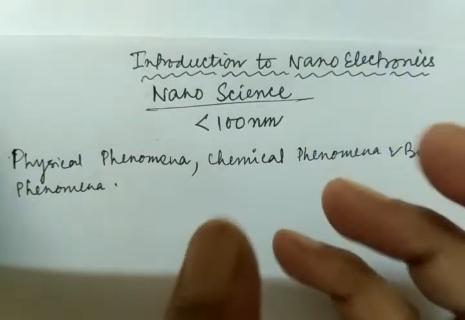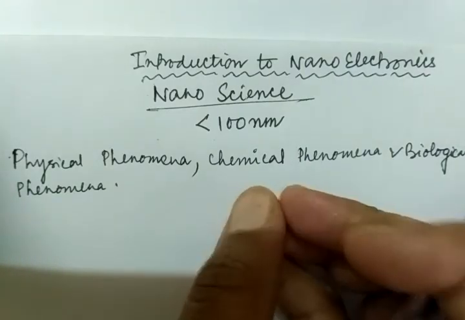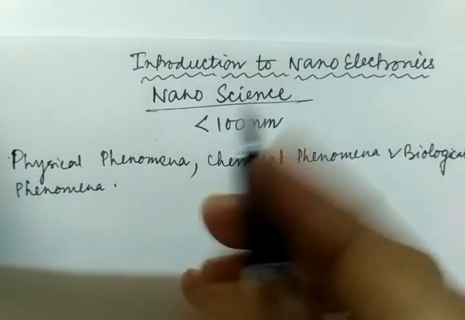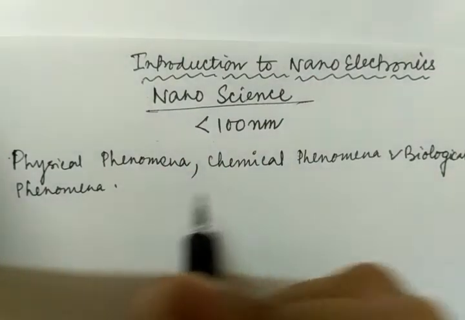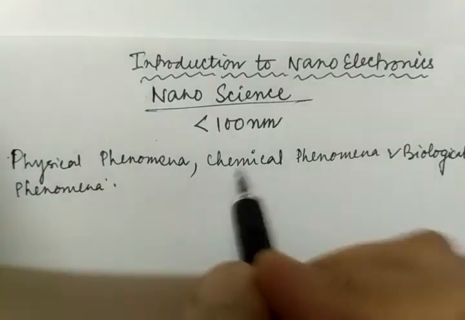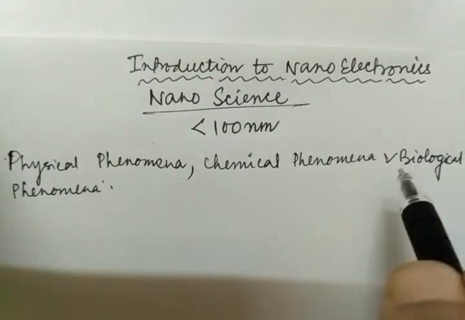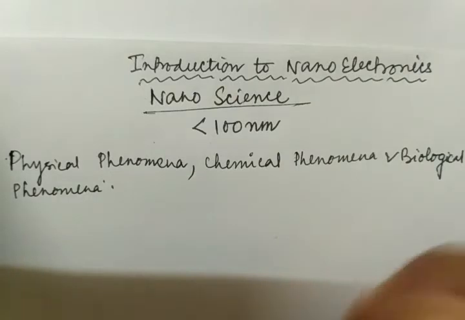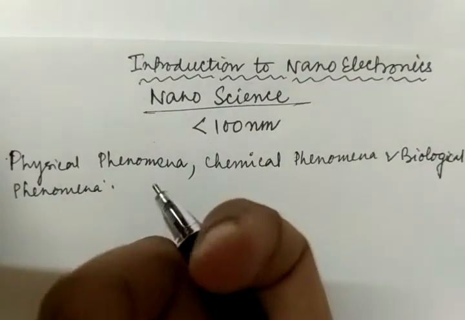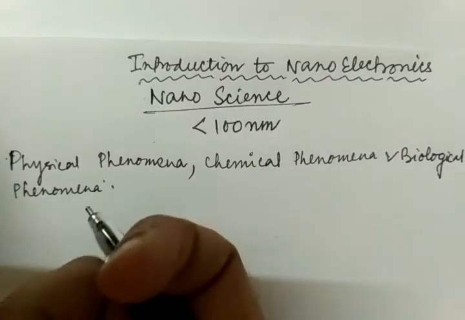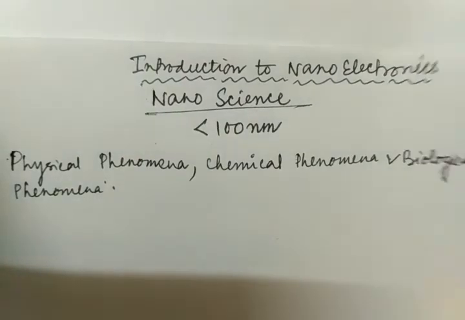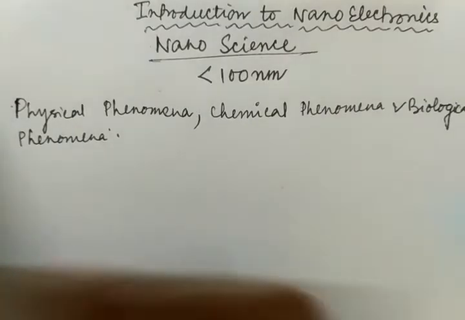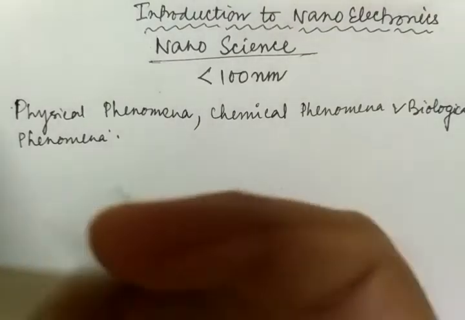If we are scaling such a small device, then we can broadly classify it as belonging to nanoscience, and the kinds of phenomena used are physical, chemical, and obviously biological phenomena. But when we talk about nanotechnology, that is nothing but products with building blocks of length scale less than 100 nanometers.